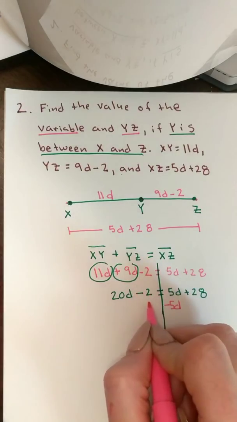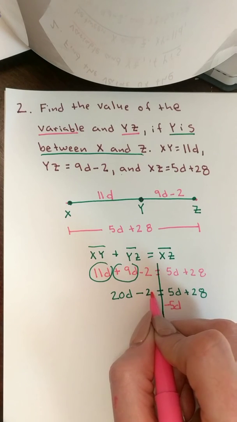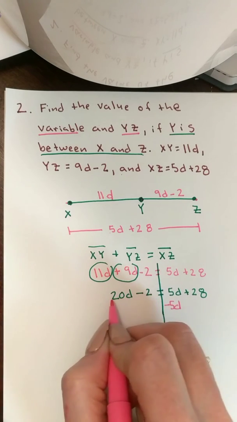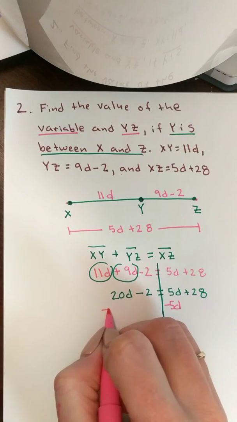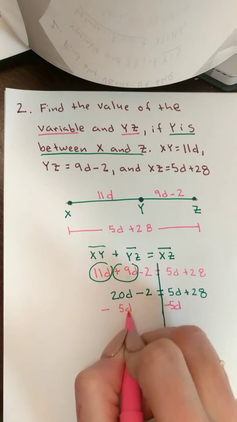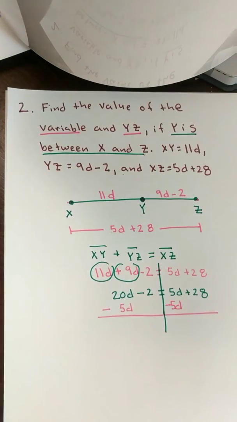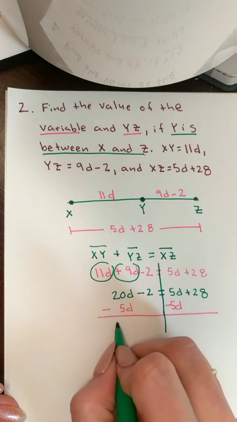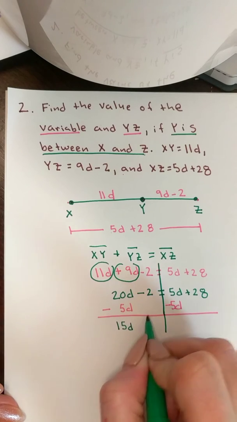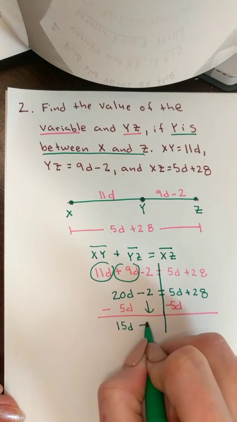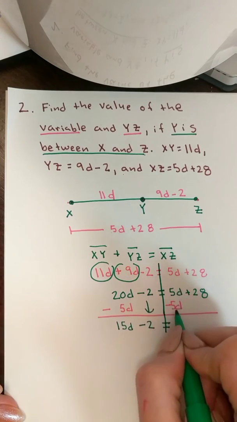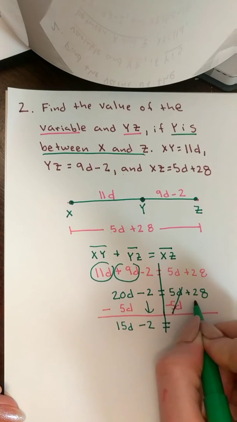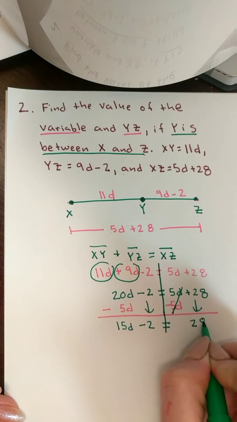I can't put 5D here because minus 2 doesn't have a variable, but I can put it under 20D since they are alike. So 20D minus 5D is 15D. Everything else comes down. 5D minus 5D is 0. The 28 comes down.